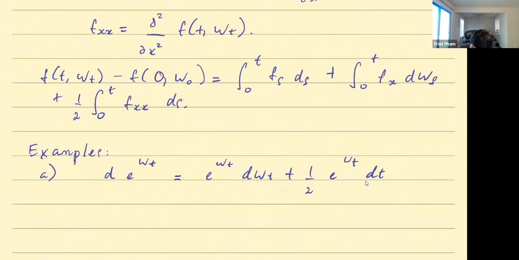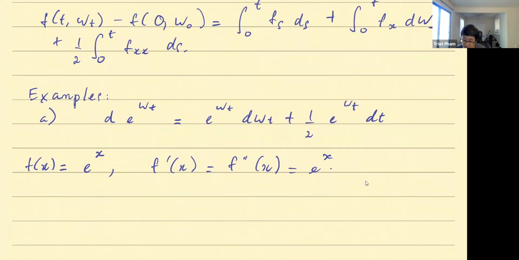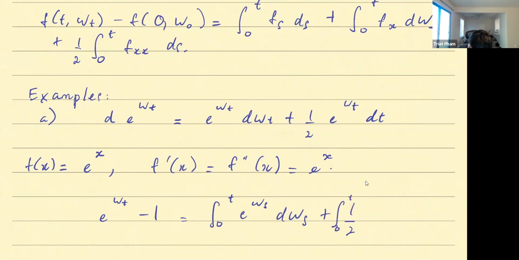Here, because the function is e^x, its derivative and second derivative are both e^x. The integral form will be e^{W_t} minus 1 equals the integral like this. Okay.